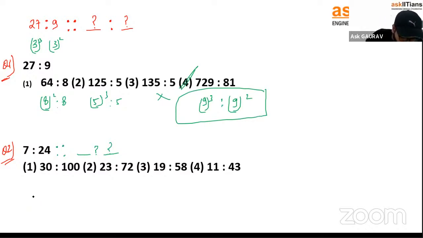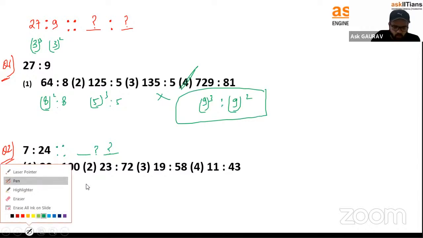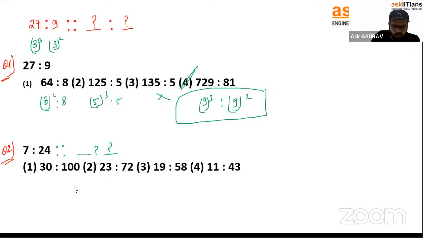Okay, let me just read the chat. Snehil Chatterjee, second. Aravi, second. Siddiq, second. So many are saying second. Okay, just tell what the reason behind it is. Okay, second is right. But what is the reason?